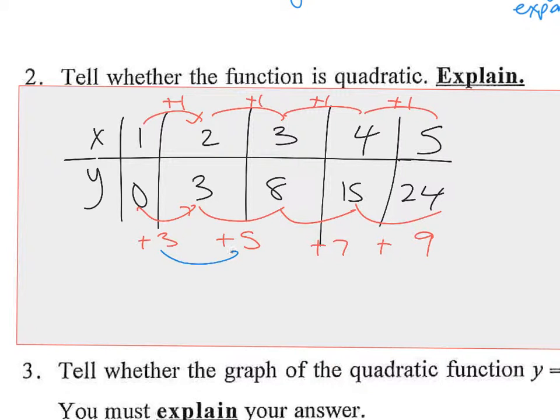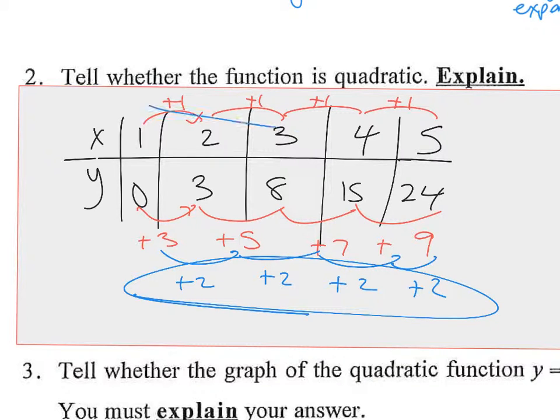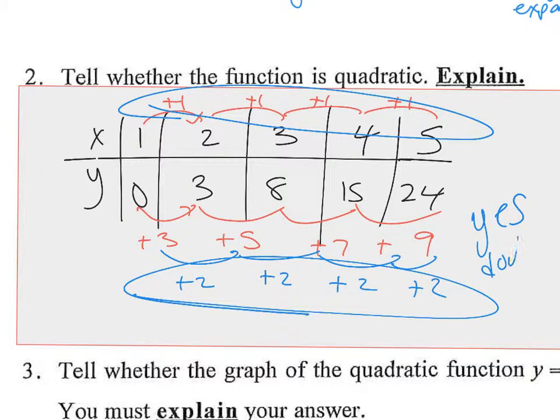And then I look at the double difference, and it would be plus 2, and so on. So I know that because of the double difference in y's and the constant change of x, it is quadratic.